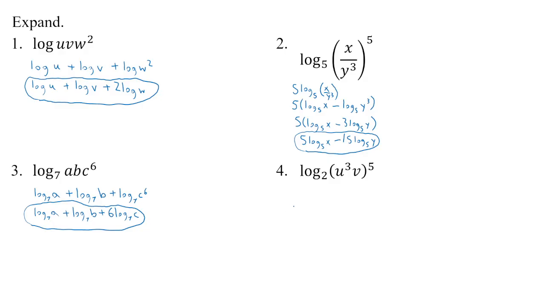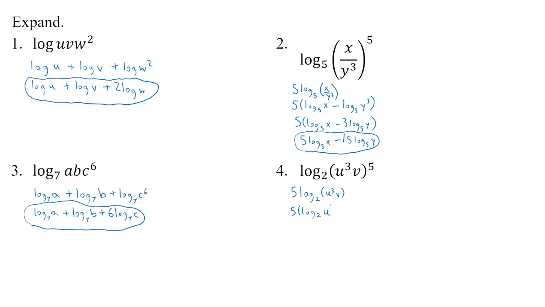First, we're going to use the third property to change that 5 into a coefficient. We have a log of a product, so we're going to rewrite that log as a sum of logs.